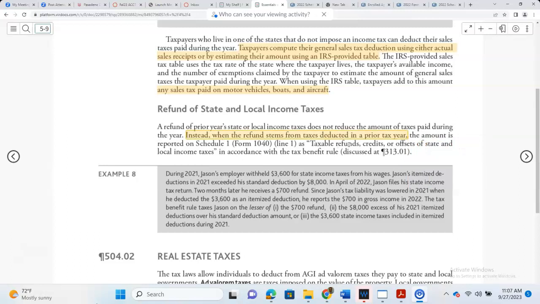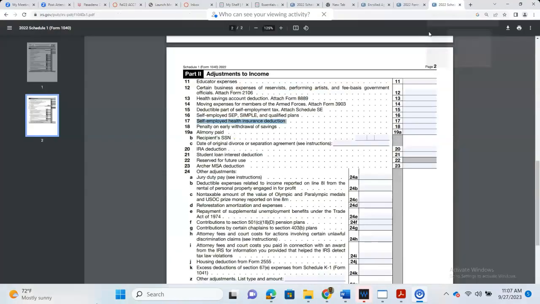You call it taxable refund, credit, or offset of state and local income taxes. Just say taxable refund, in accordance with the tax benefit rule. So Schedule 1, I have it here.